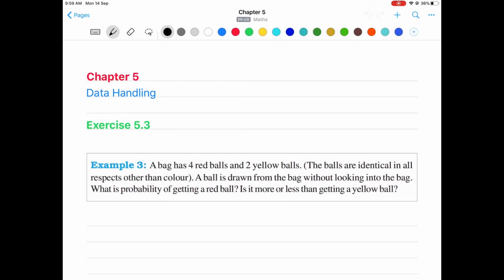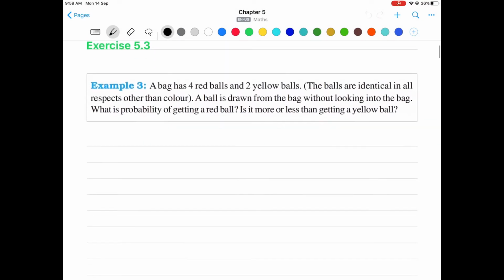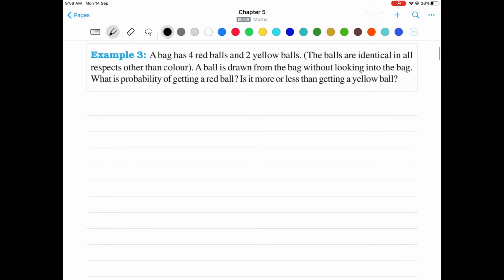Before the start of the exercise, we'll do one example, which is example number 3 of your NCERT textbook. There is a bag which contains 4 red balls and 2 yellow balls. The balls are identical in all respects with one another.